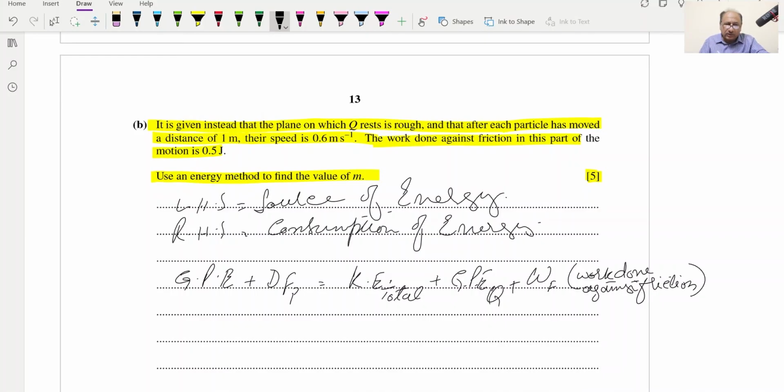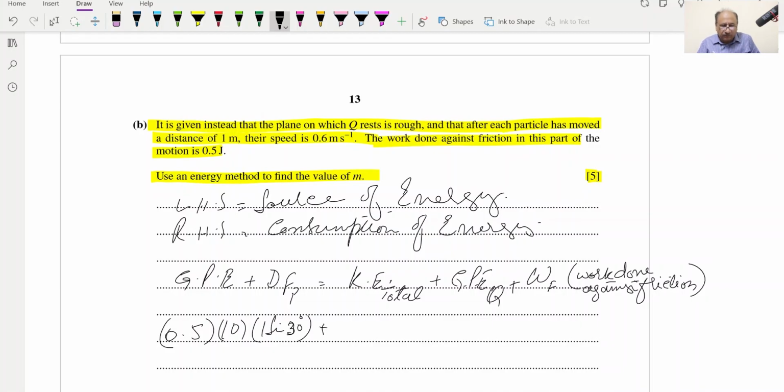The values will be 0.5 plus, sorry, multiply, this one will be mgh, so it will be m, g will be 10, and h will be 1 sine of 30 degrees.